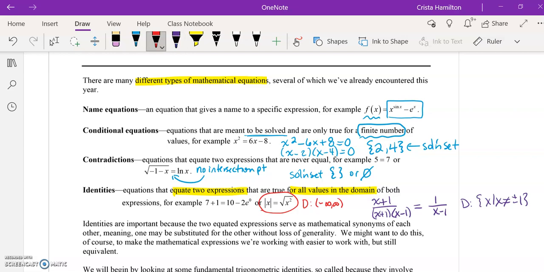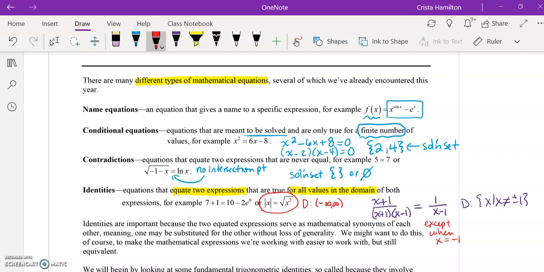We used to see this when we wrote our exceptions. We would say that your original is equivalent to 1 over (x - 1), except when x equals negative 1, the factor that we canceled out. Technically, they are the same when x is 1 because they're both just undefined.